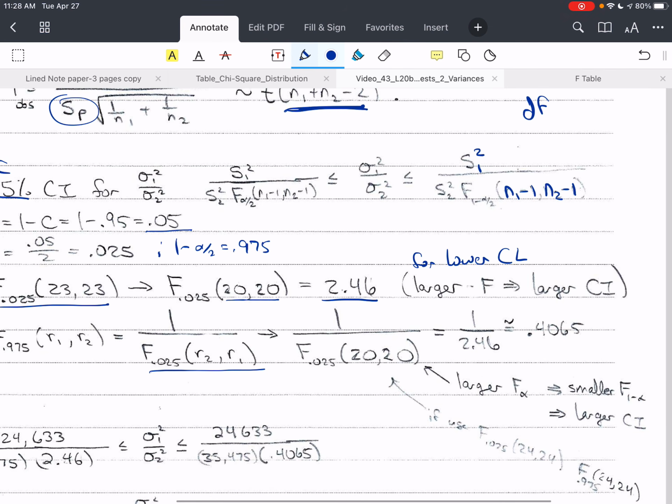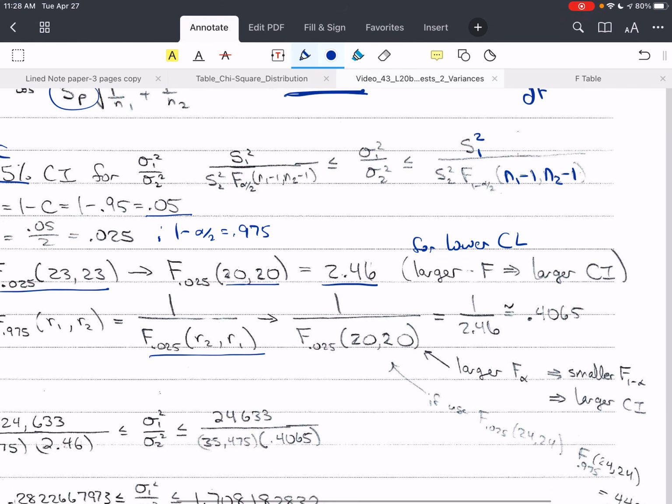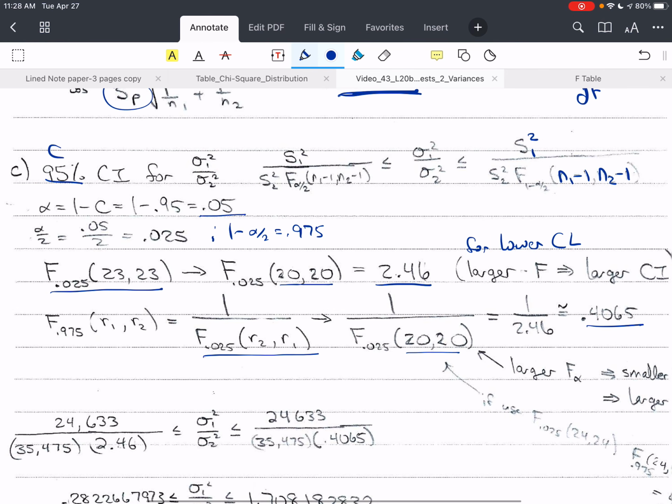So again, we use 20 and 20. We use the same degrees of freedom. So when you round down the degrees of freedom for one, you do the same thing for the other. That keeps it from being confusing. We took 1 over that and got 0.4065. Okay? All right.